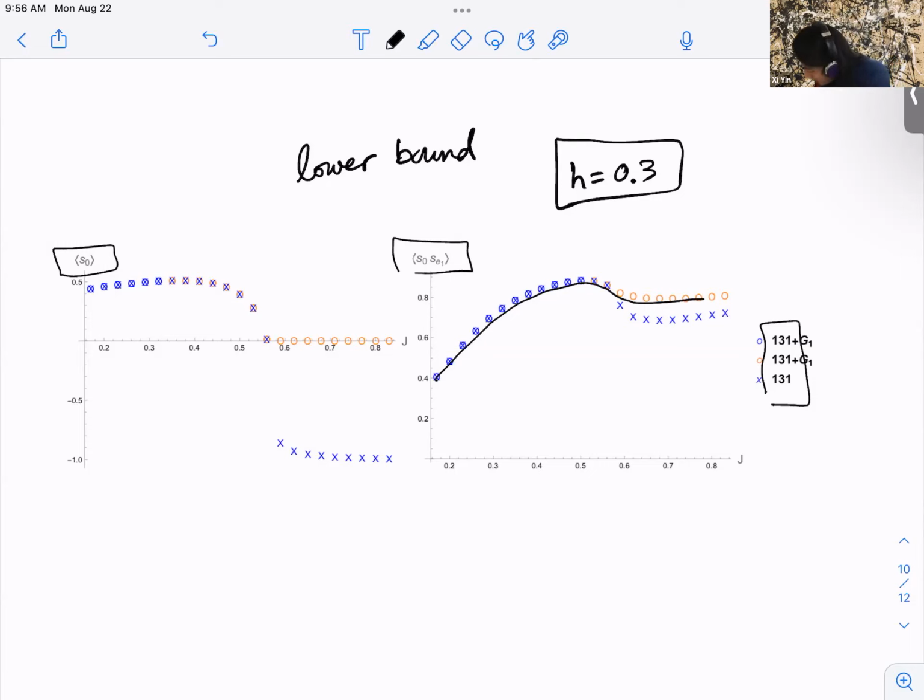So what does this orange circle mean? What happened is that for the orange circle, starting here, this is where the second Griffith inequality is violated. By G2, I mean the second Griffith inequality. As I commented on earlier, the second Griffith inequality would imply that all these bounds are monotonic.